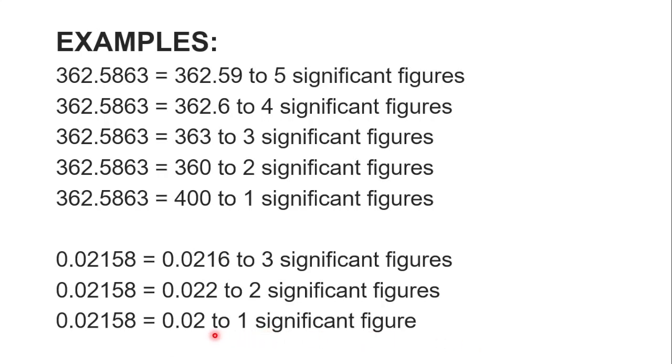And for one significant figure, it's gonna give you 0.02, because the zeros are not counted and you're gonna count this. We're looking only at the next digit, 1, and 1 is below 5, so 2 will be kept as it is.